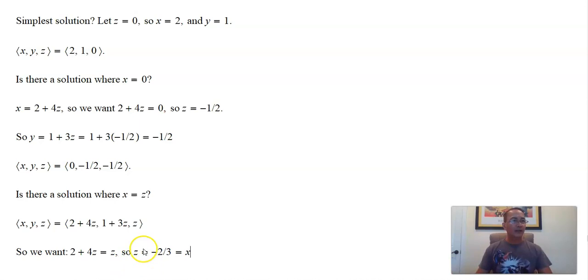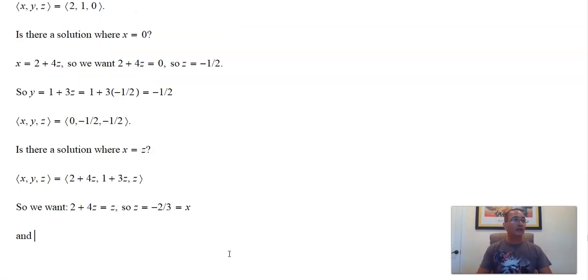Okay, so let's check. If z is minus 2/3, we'll get minus 8/3 plus 2. That'll be 6 minus 8, negative 2 over 3. But we also would want our y. So y will be 1 plus 3z. So that is 1 plus 3 times negative 2/3, and that is just negative 2 plus 1, negative 1.